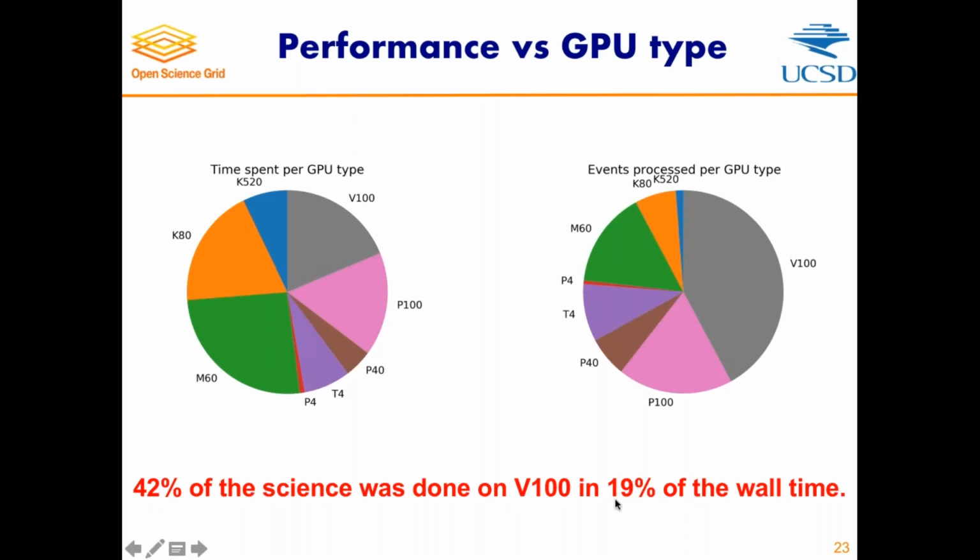We also have plots that are not showing about price per science, basically the amount of science done per dollar for different GPU types. At the time when we did this, the most cost-effective GPU type was the T4 for this kind of science. And we just couldn't buy more of the T4s than what you see here.